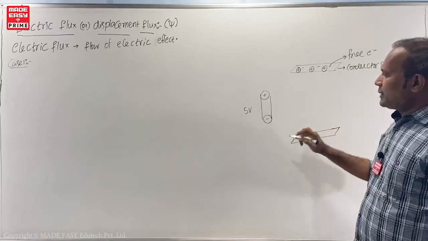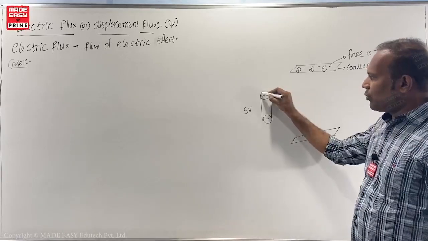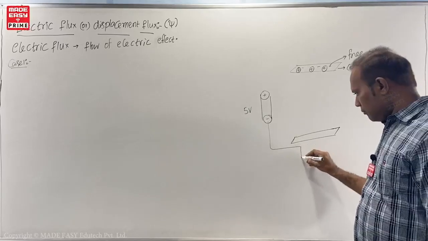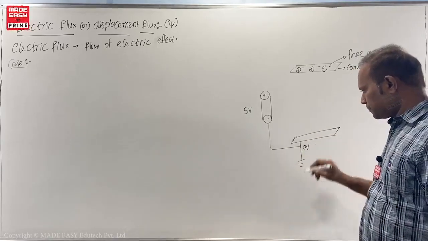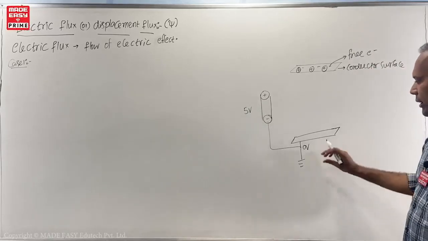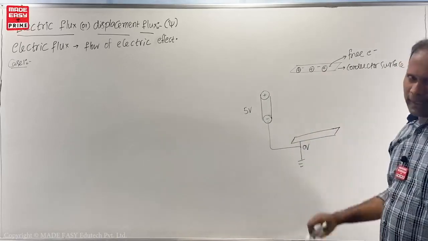If I connect this battery here, this top side is always the 5 volt terminal, and if I connect this to ground, then this is the 0 volt terminal. That means I am ready to connect this 5 volts to this plate.